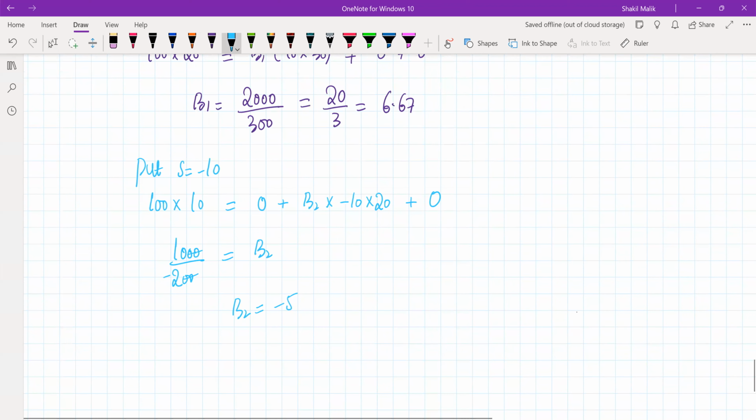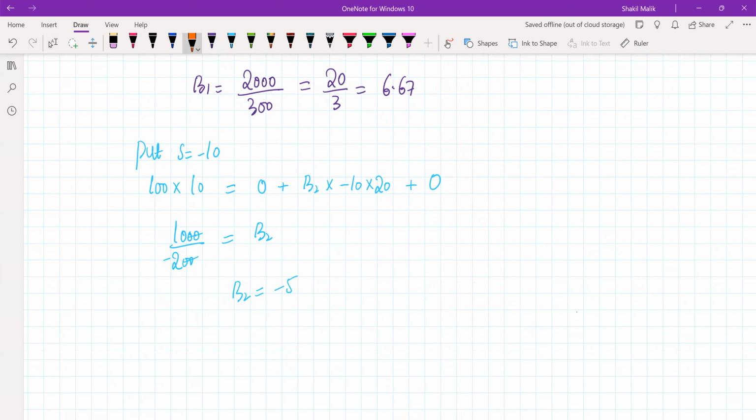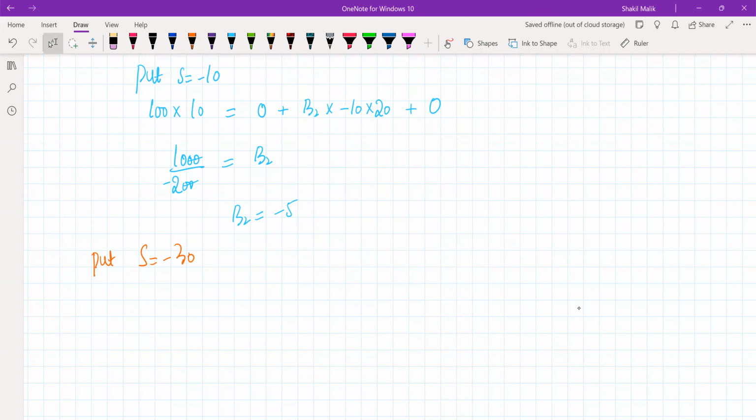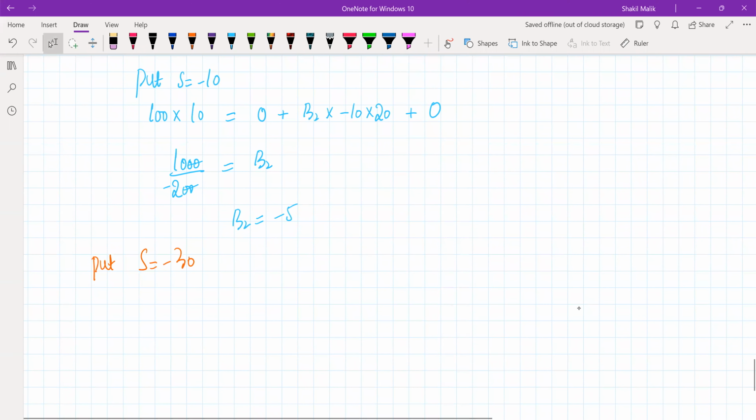So if we put S equal to -30, what we'll get from this?